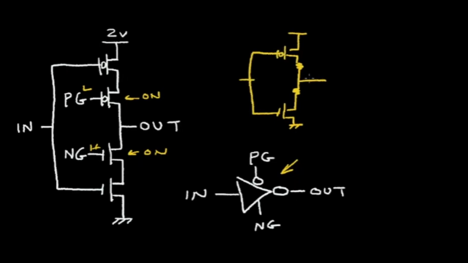So it forms the inverter function, but this P channel transistor is just a resistive device, and this N channel you can think of as a resistor. So the function is just like an inverter.